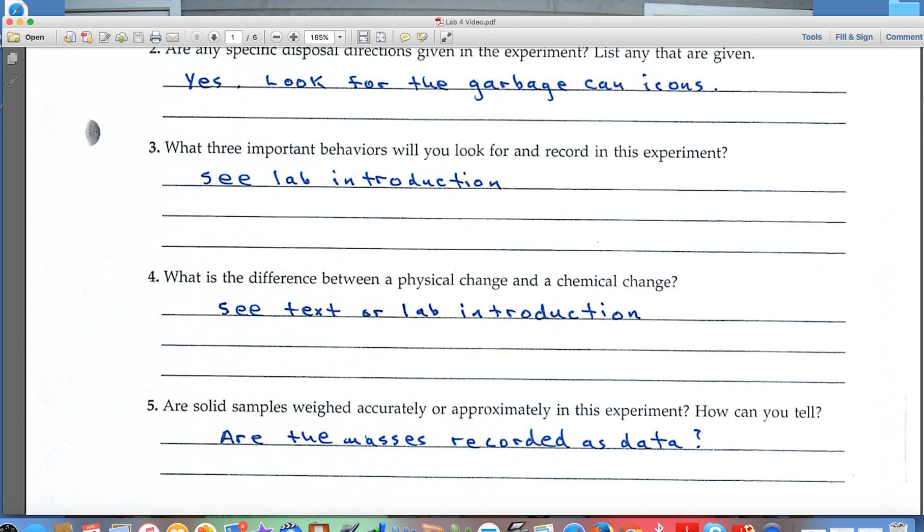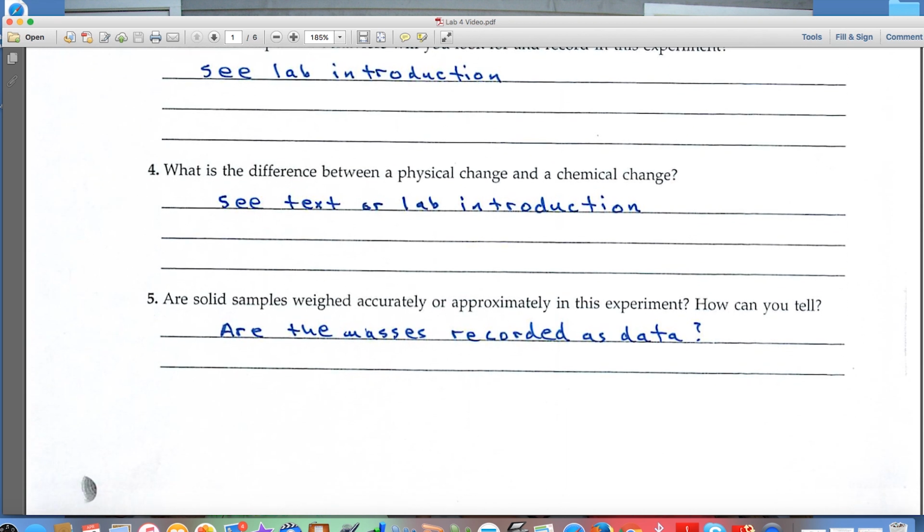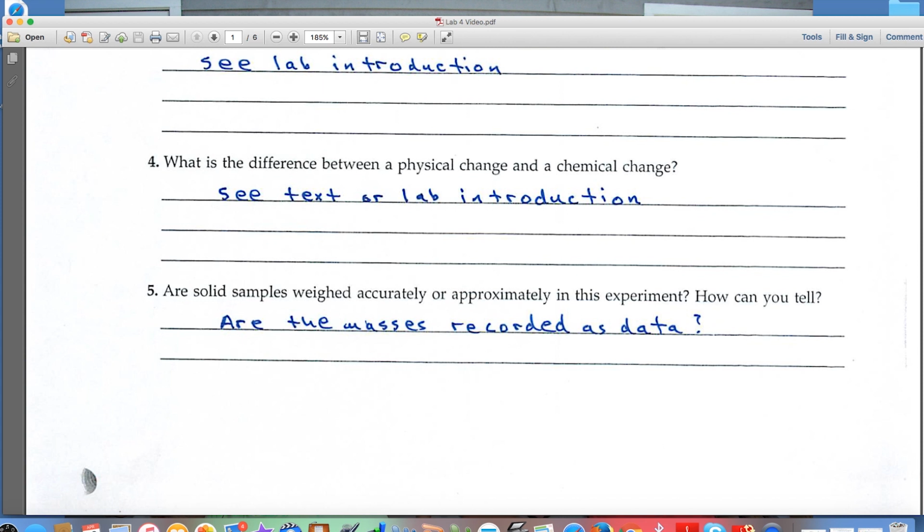Again, either way. Number 5, are solid samples weighed accurately or approximately in the experiment, and how can you tell? Are the masses recorded in the data pages? If they're recorded in the data pages, then most likely we would like an accurate weighing.